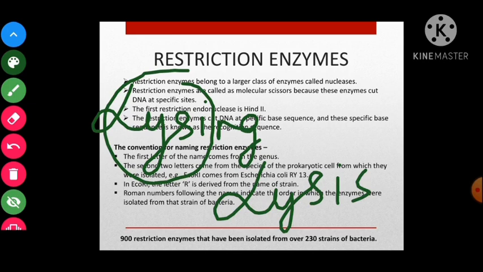In other words, these enzymes are used to open cells and separate DNA. जैसे कि लाइसोजाइम है, सेल्यूलेज है, पेक्टिनेज है, प्रोटीएजेज है. So they are all lysing enzymes and used to separate DNA.